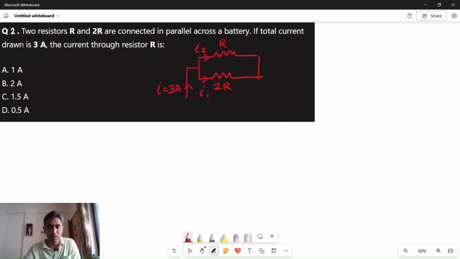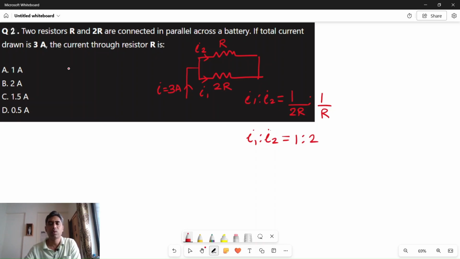We know that I1 is to I2, the current is always inversely proportional to the resistances. So 1 upon 2R is to 1 upon R. If we calculate the ratio, I1 is to I2 will be 1 is to 2.